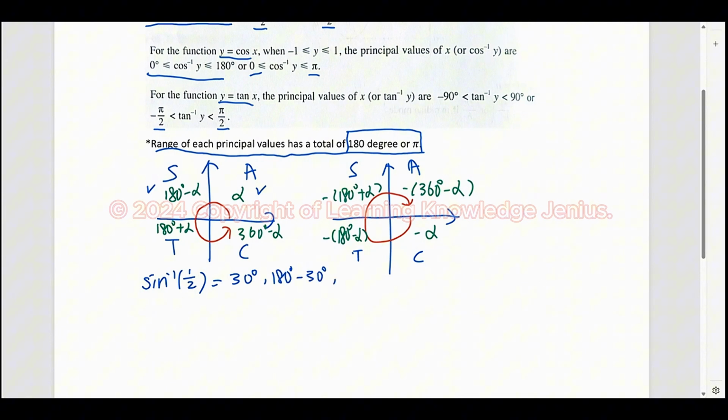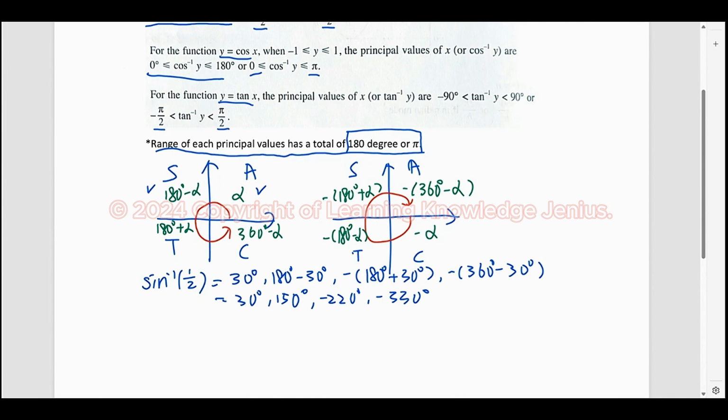If you refer to the right-hand side ASTC, where the angle is negative, you obtain negative (180 plus 30) degrees, or this one. So you will have a total of 4 answers, or probably more if you go more cycles. It makes the answer not unique anymore. There's no definite answer for this kind of working. So you have a lot of angles.